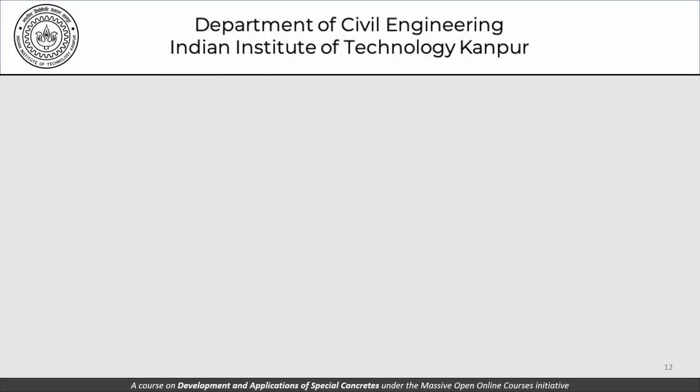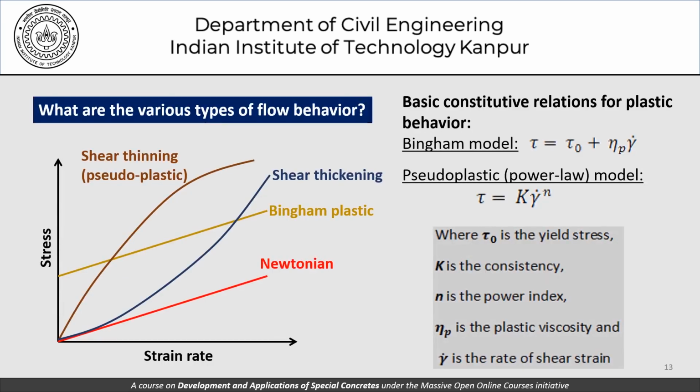Now, having seen some of the very simple engineering experiments relating to the flocculation, relating to the behavior or the study of deformation in fresh paste and fresh mortar, let's try to get started with some real simple understanding of rheology. Now, as far as rheology is concerned, we are concerned with the behavior of fluids under stress. So what we do is we study the behavior of stress relating to strain rate.